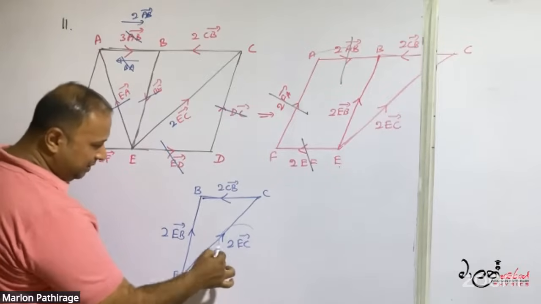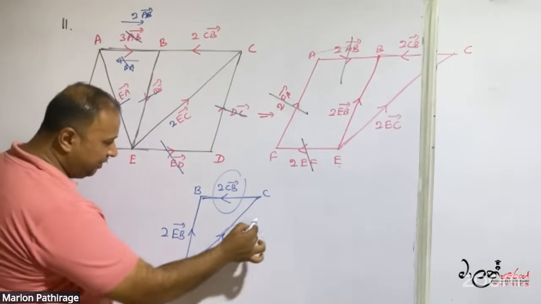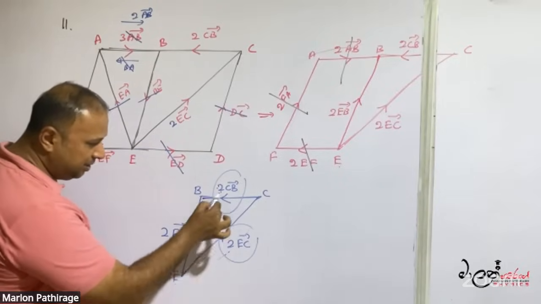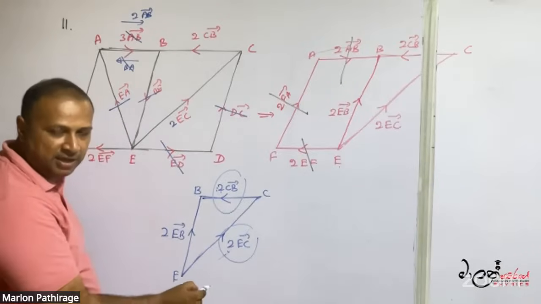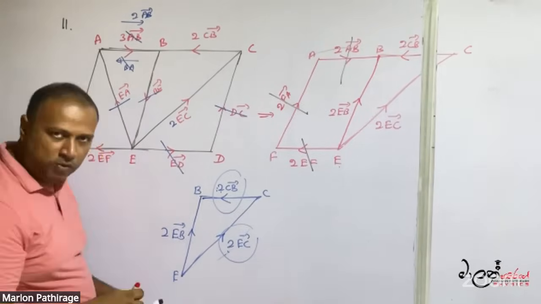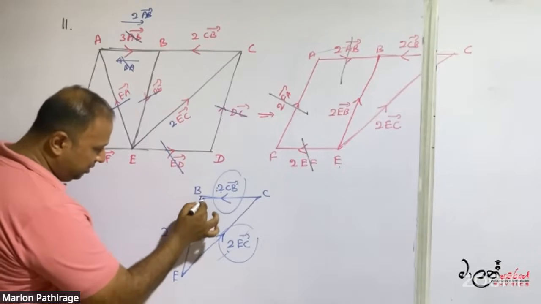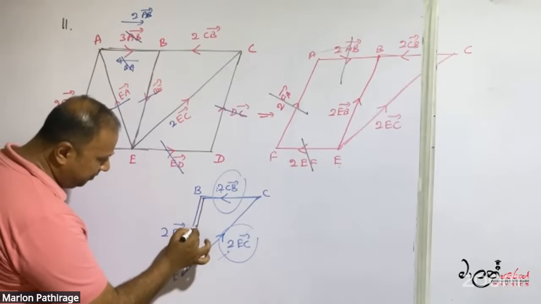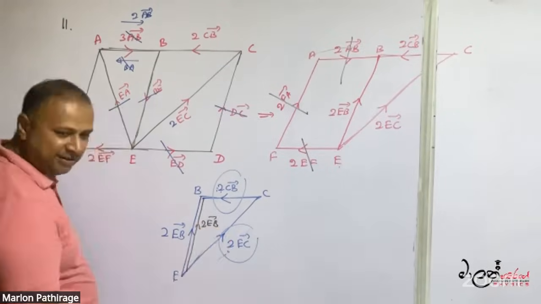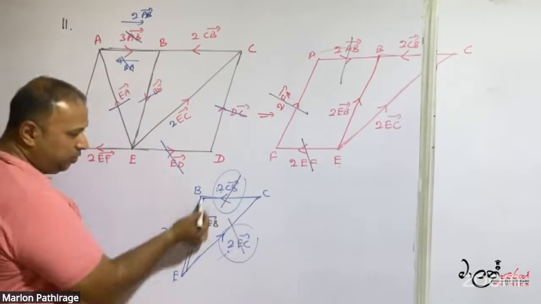If we consider this vector and this vector, they are in order. Therefore, if you add these two vectors, it should be 2 times EB.